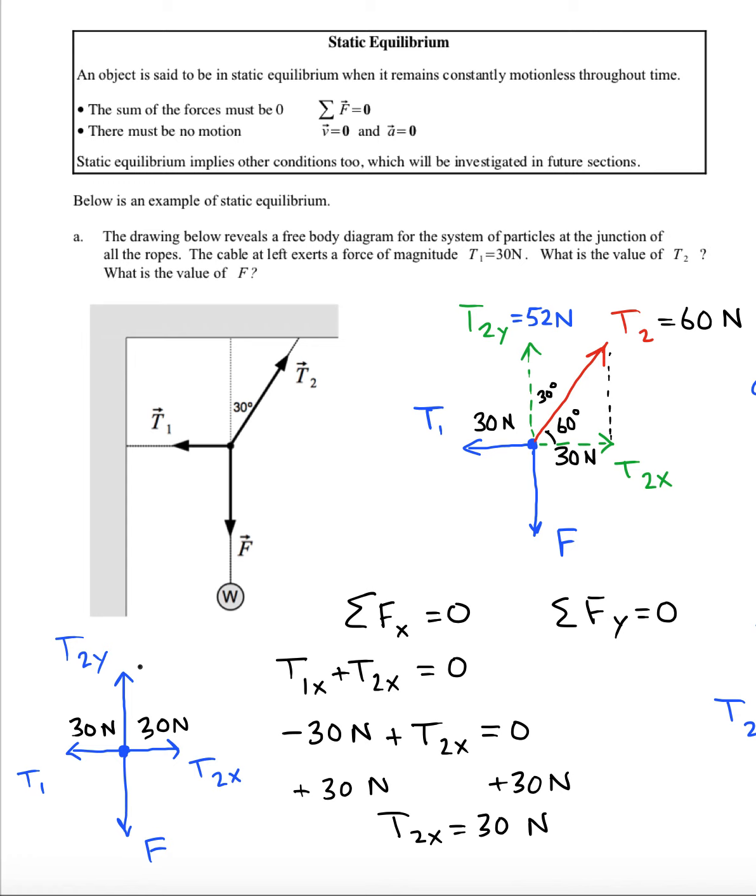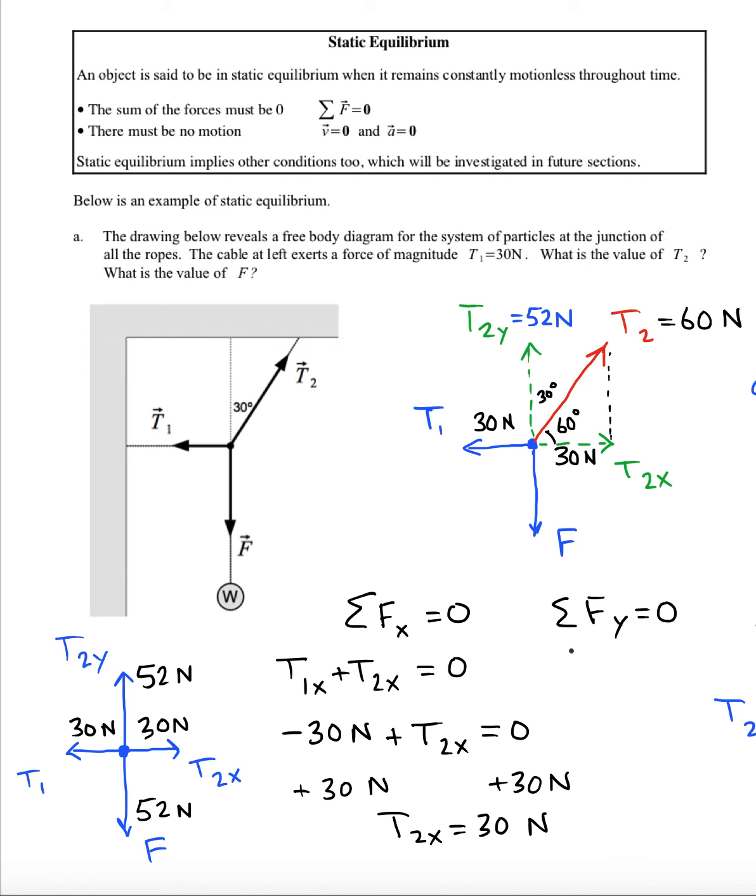Now that we know that T2y is 52 newtons, then it should be clear from our diagram here what F has to be. In order to achieve equilibrium, where the sum of the forces in the y direction is 0, F also has to be 52 newtons.